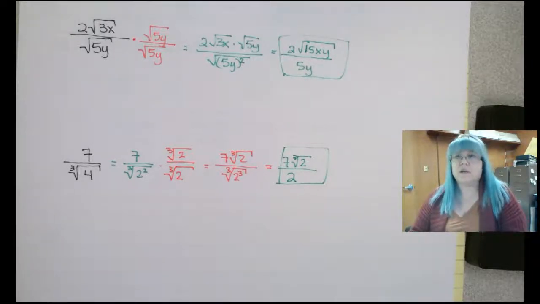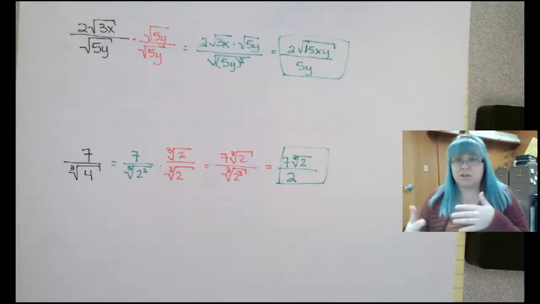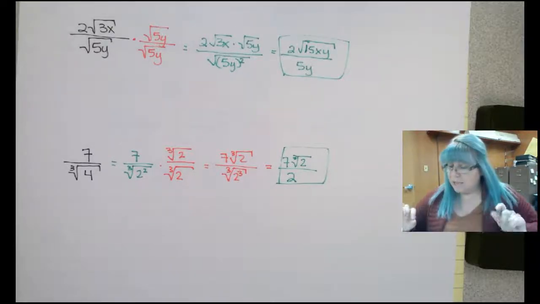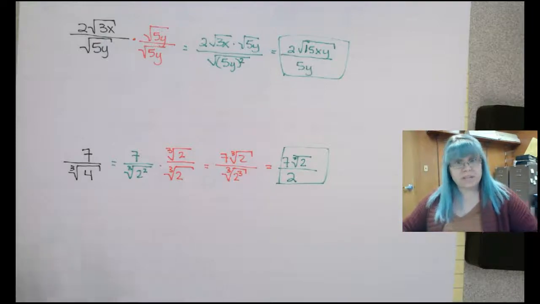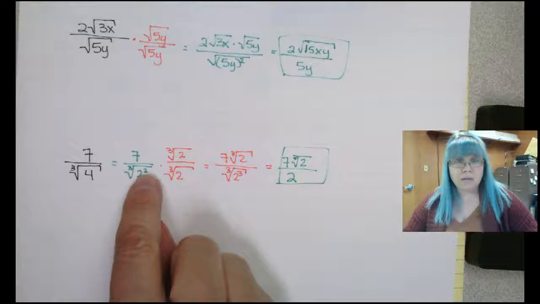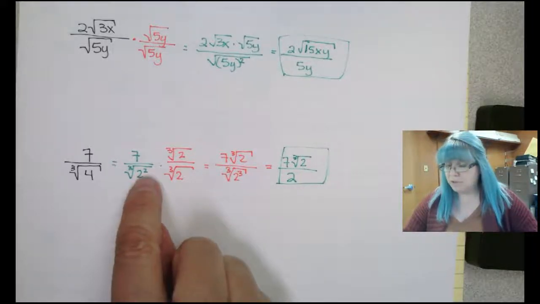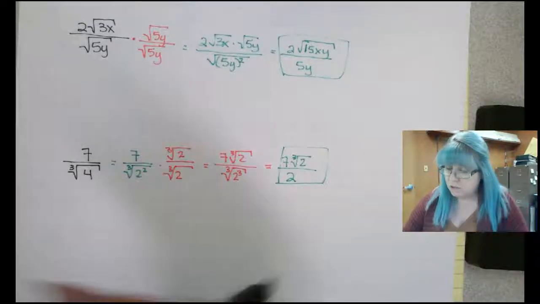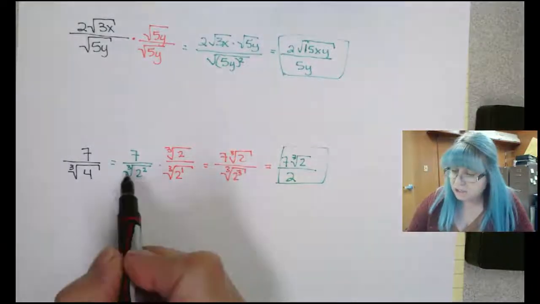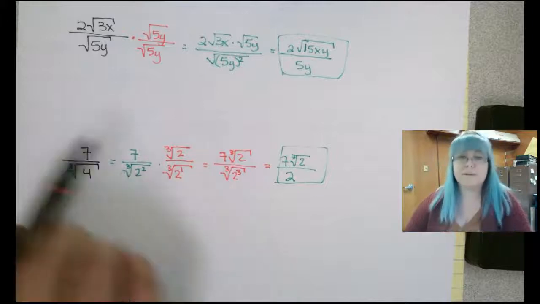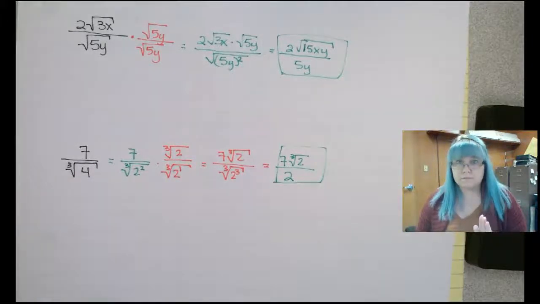I would have to do another time and another time. So you have to be a little aware of what your index is, and whatever your index is, that's what you want the power to be on the inside. For this example, I had a power of 2. I needed one more 2, 2 to the first, because 2 plus 1 equals 3, then it will pop out.